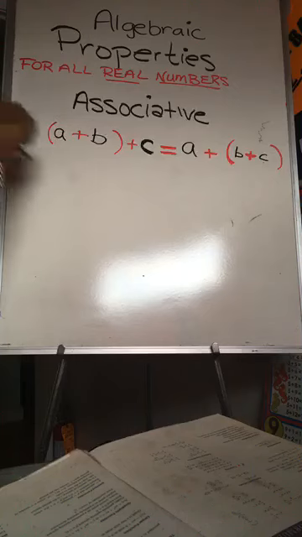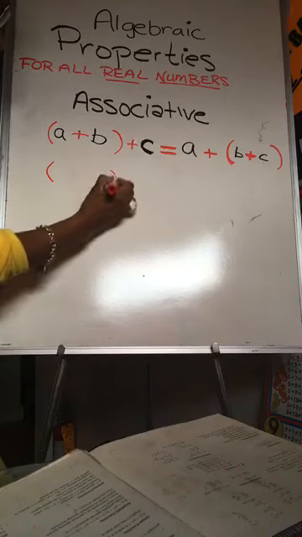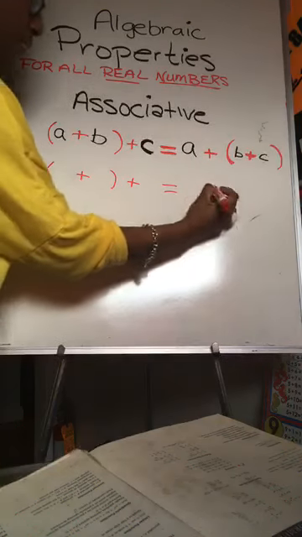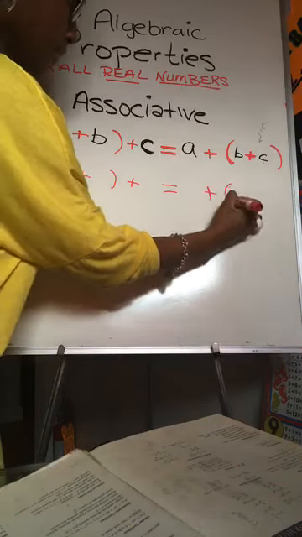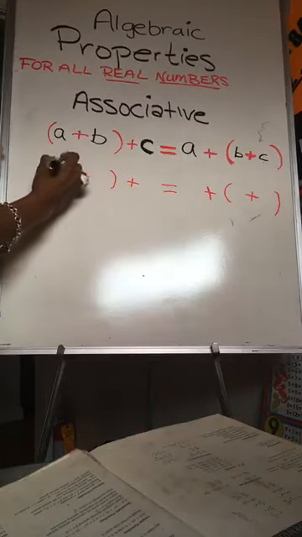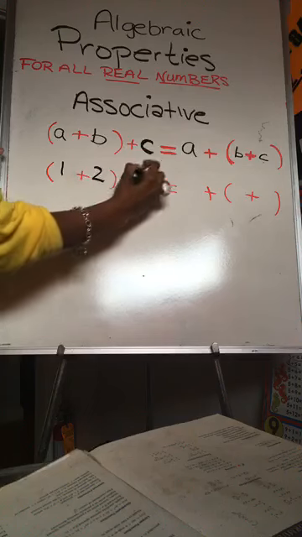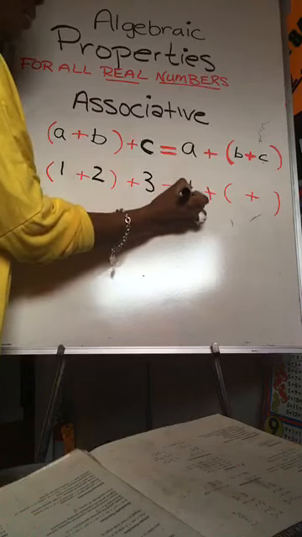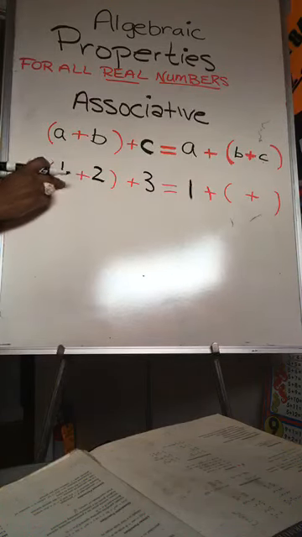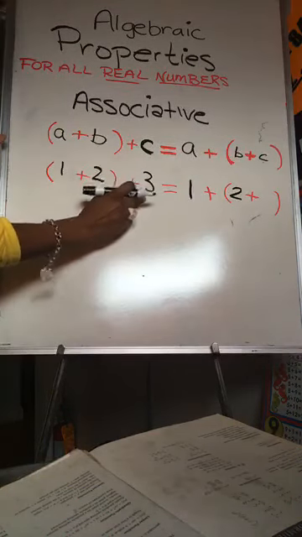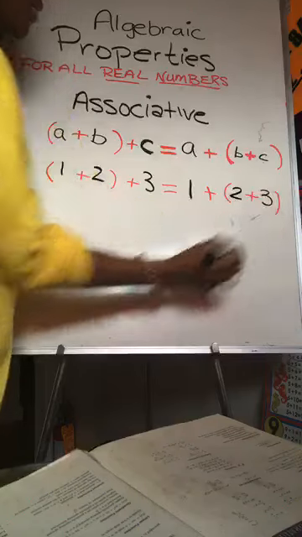So now let's put in some values for our example. Let's do 1, 2, 3. So 1 is going to go right here because it represents A, and B is 2, and C is 3.